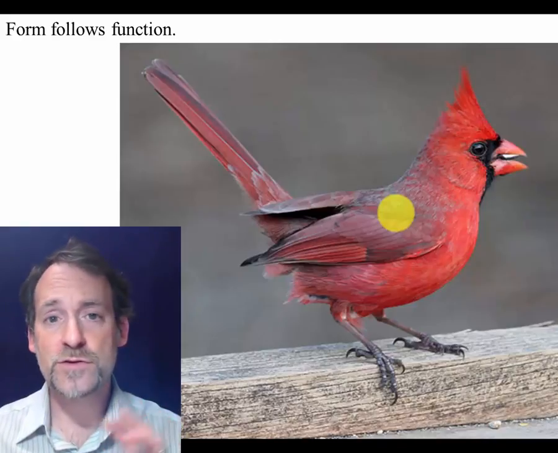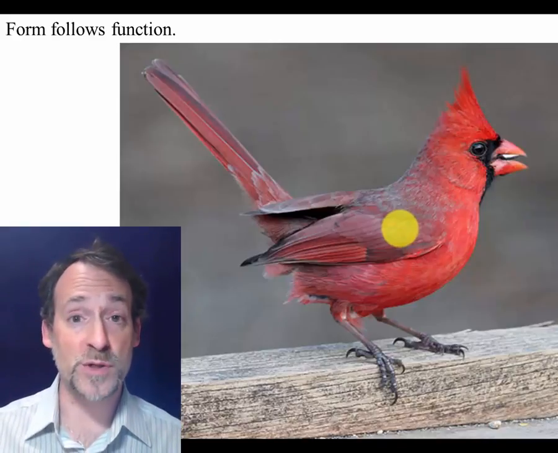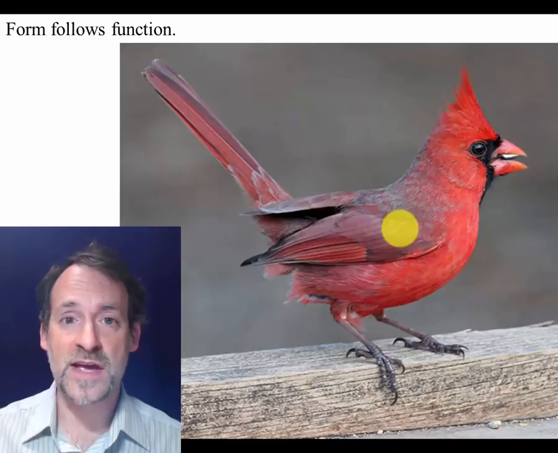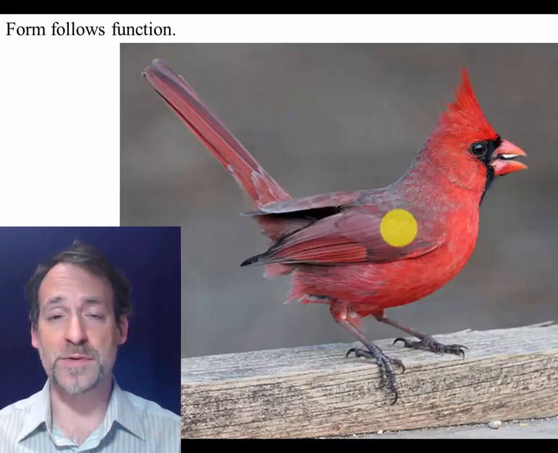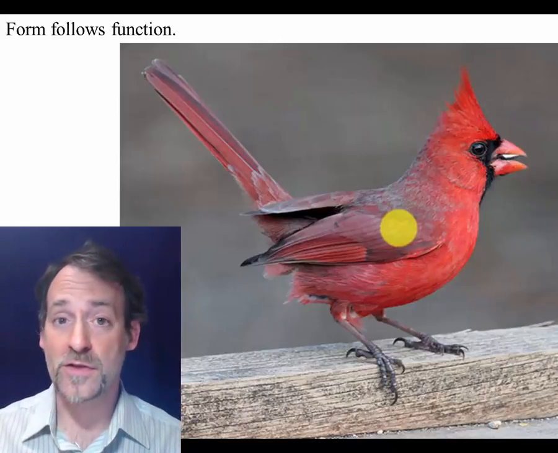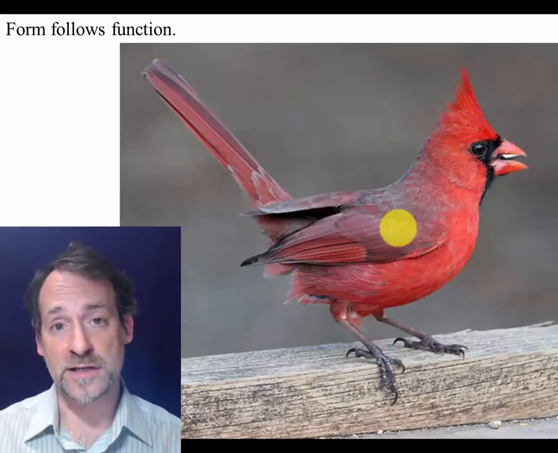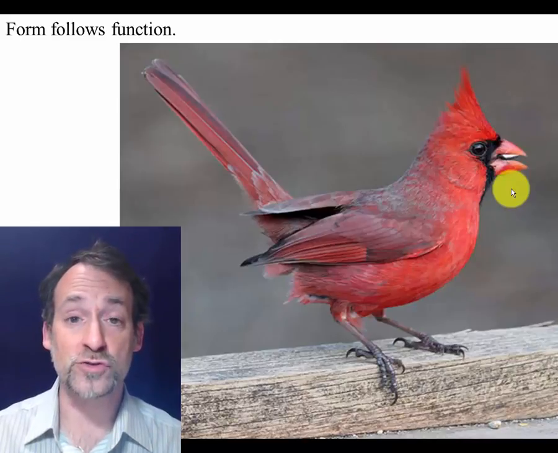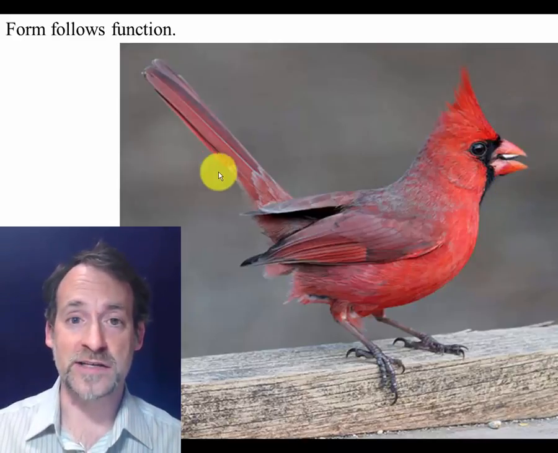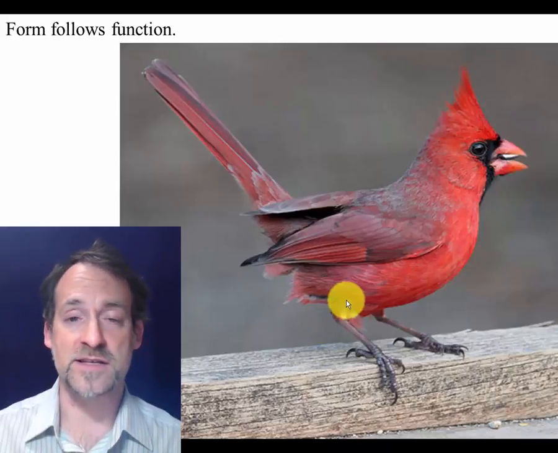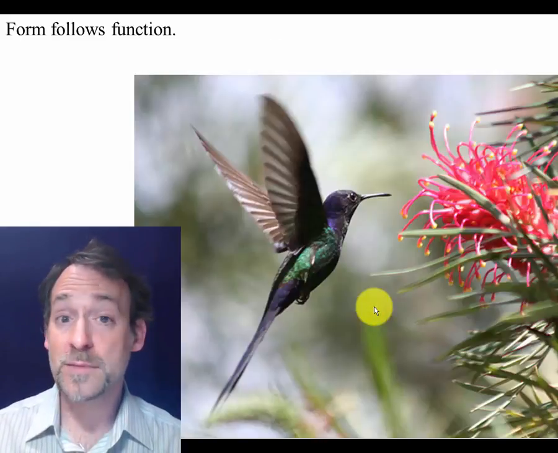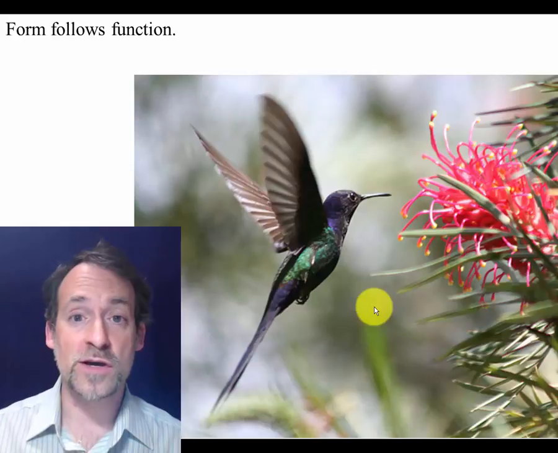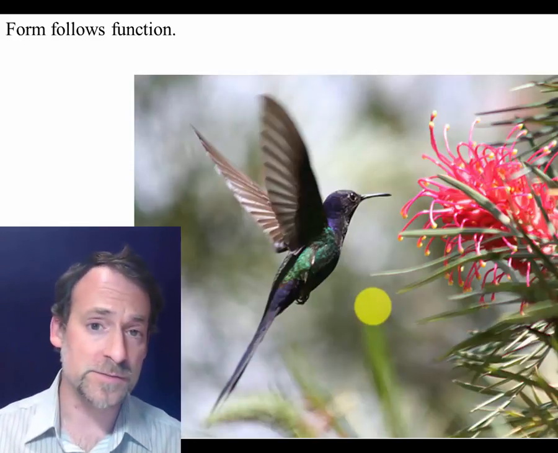So, for example, if you take a look at the beaks of birds, you'll see that their form, their shape, follows their function, the way that they work in a particular ecological context. Here, for example, is a cardinal, and it has a beak that is very effective at cracking seeds and extracting the useful meat inside those seeds. A hummingbird's beak is very long and thin. It's ideal for reaching into deep tubular flowers for nectar.